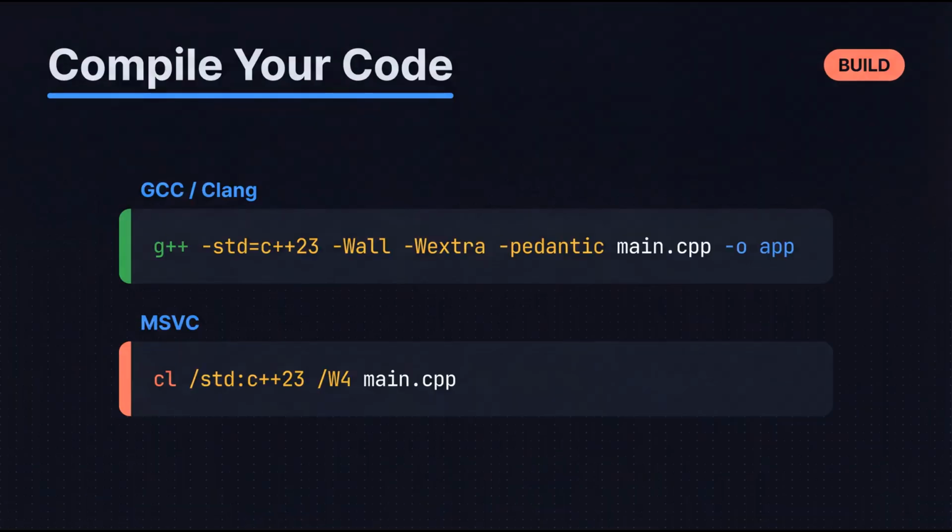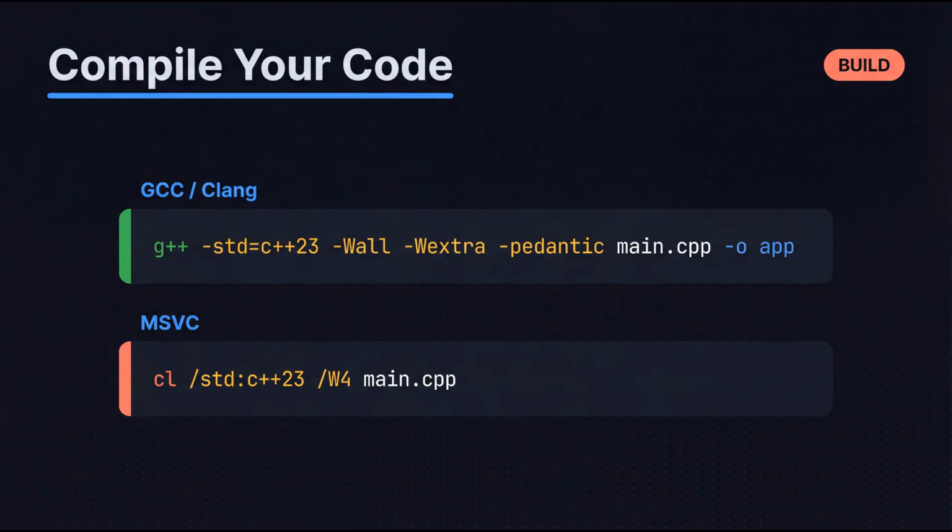Compilation is the act of translating human-readable source code into machine instructions. For GCC or Clang, the command is g++ -std=c++23 -Wall -Wextra -pedantic main.cpp -o app.